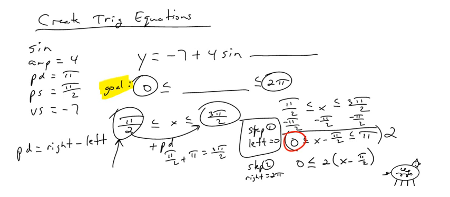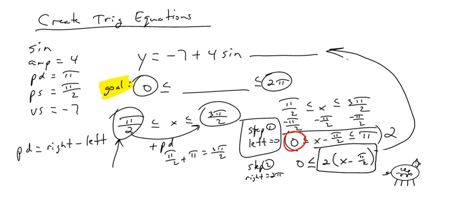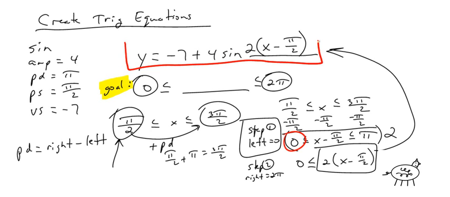That's our goal, to get it between 0 and 2 pi. So now that value, math fans, goes right there: sine of 2 parentheses x minus pi over 2. And that is our answer to this problem.